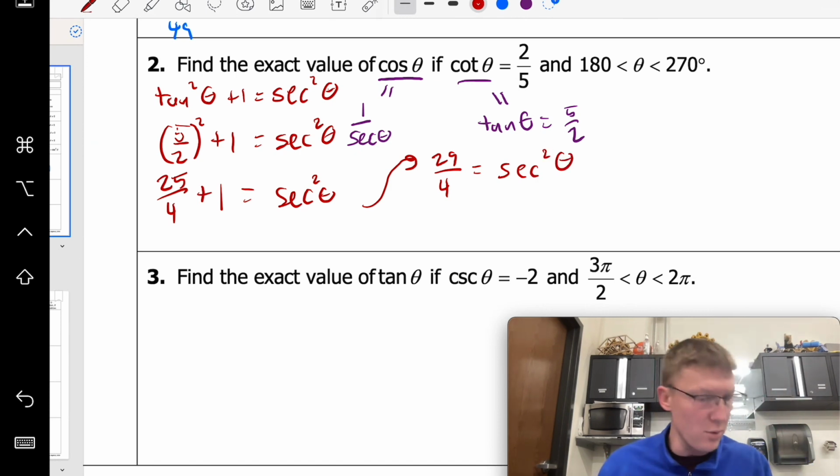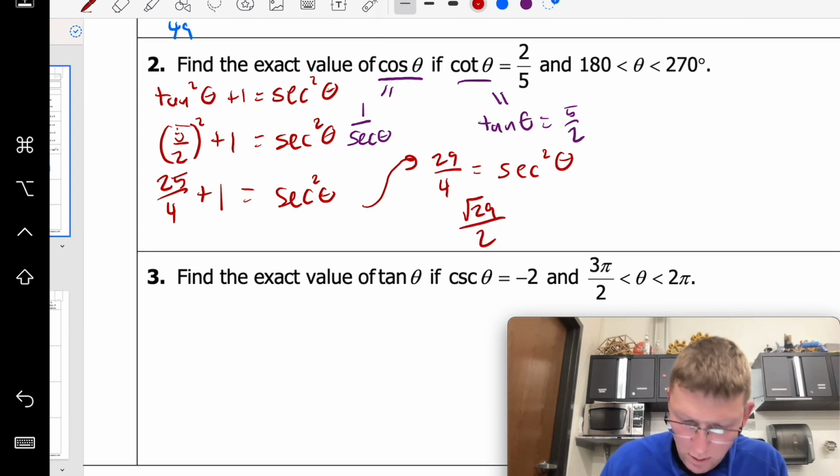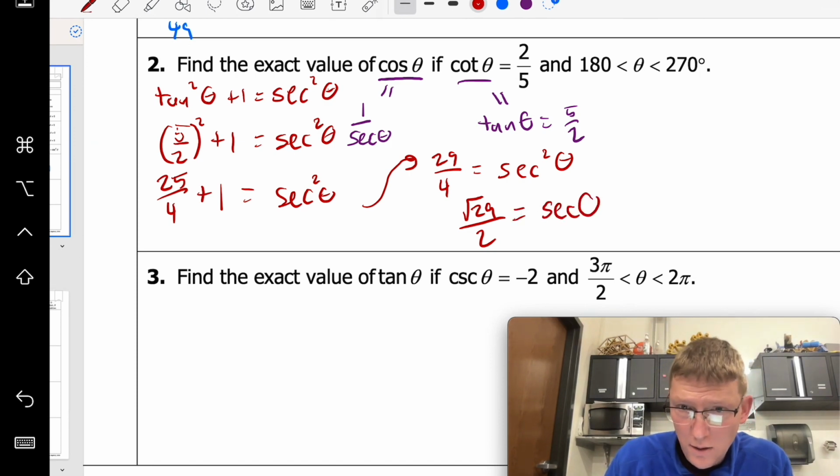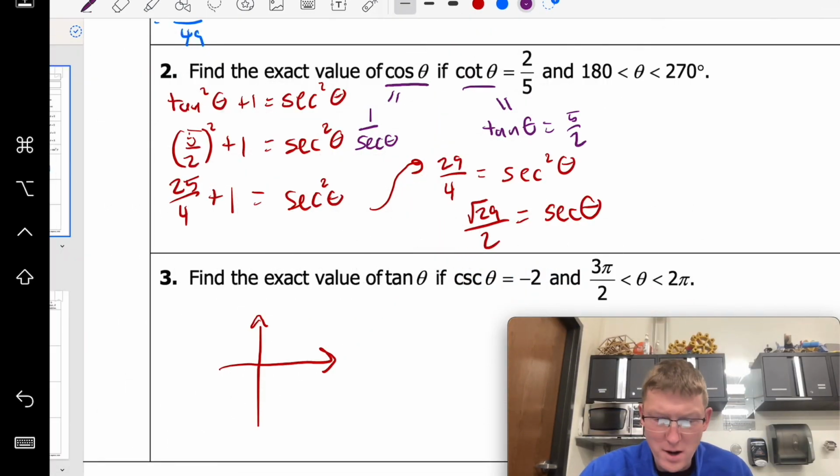We're going to have to square root both sides, and then we are going to get square root of 29 and then over 2. Square root of 4 is 2. So that's going to equal secant of theta.